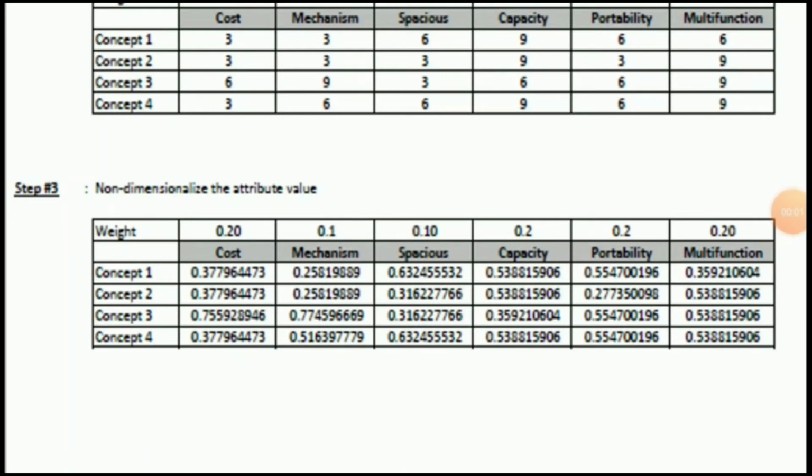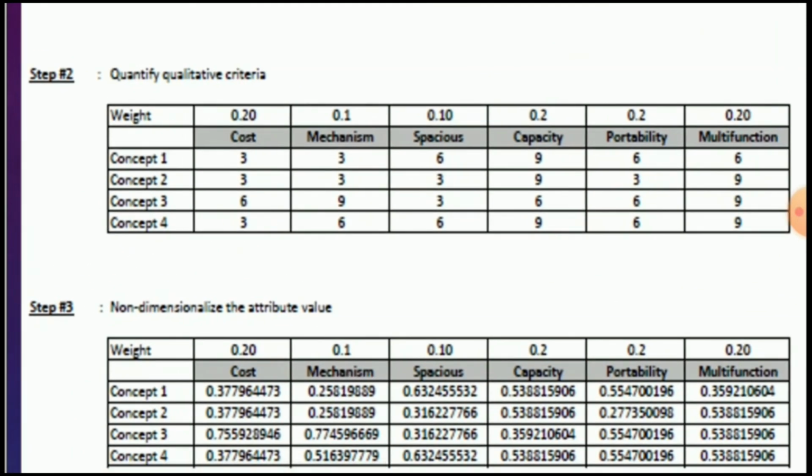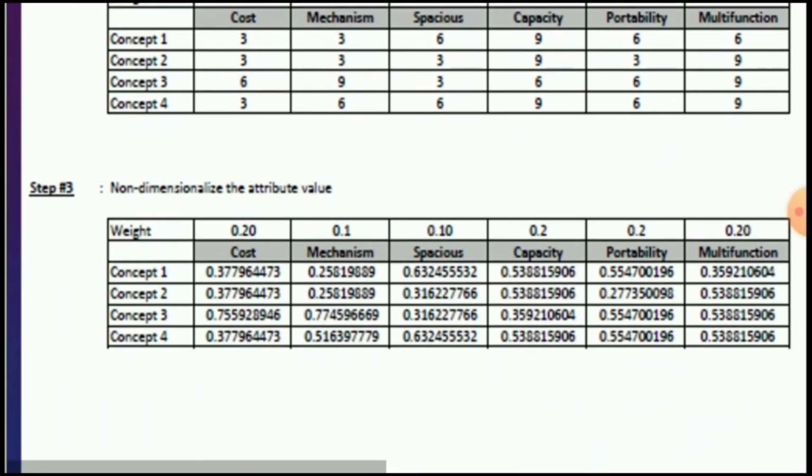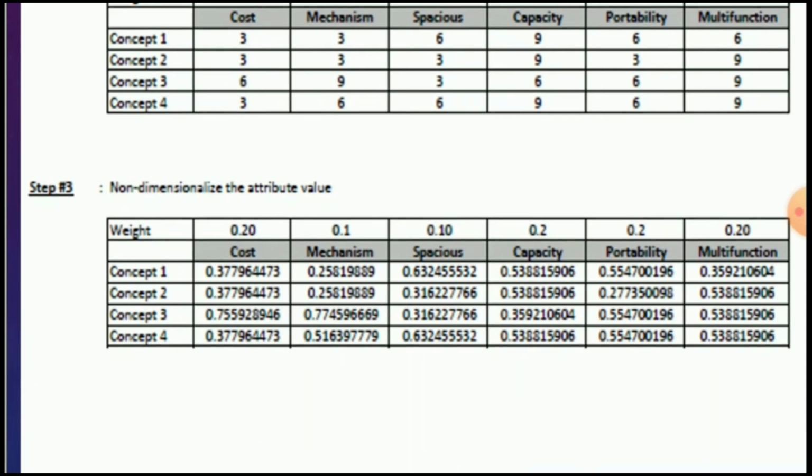On to step number 3, non-dimensionalize the attribute value, or in simple words, we can say normalize the numbers. Since in step number 2 we have been using the same versions of a number, which is 3, 6, and 9, let me give you an example of how we get the first criterion, cost versus concept number 1, with the score of 0.37796.